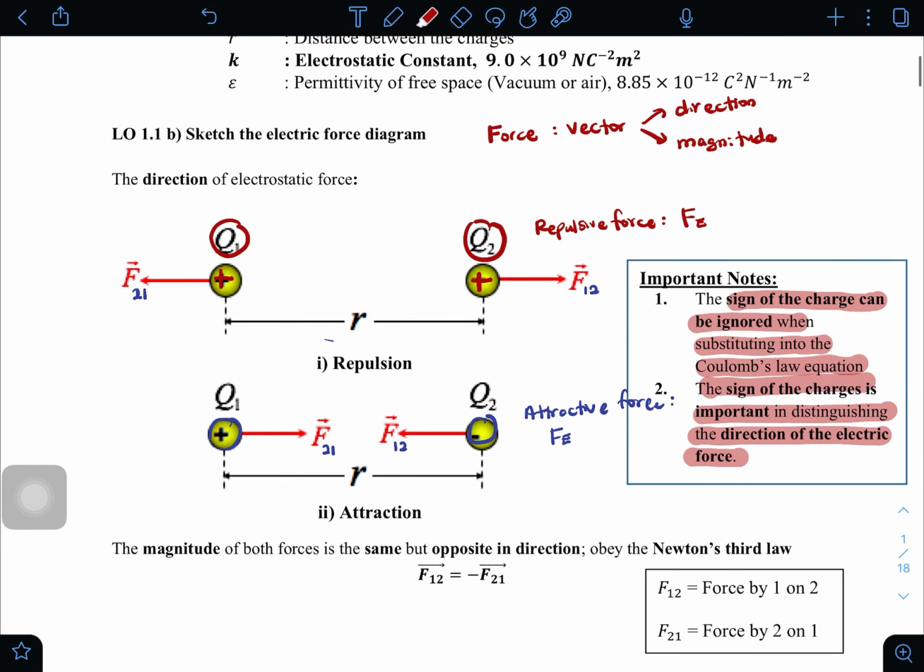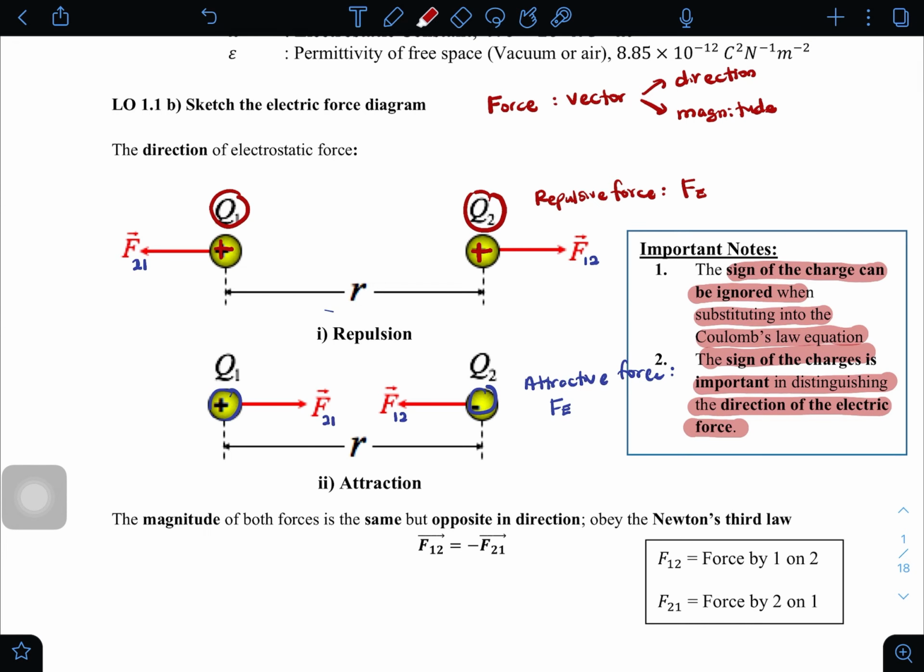What if we have both negative? Both are negative, negative and negative. We know that same charges will repel, so it also will have the repulsive force. The magnitude of both forces is the same but opposite in direction. They obey Newton's third law.